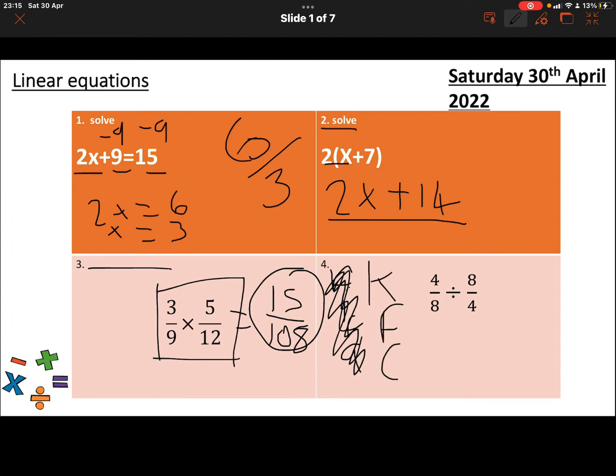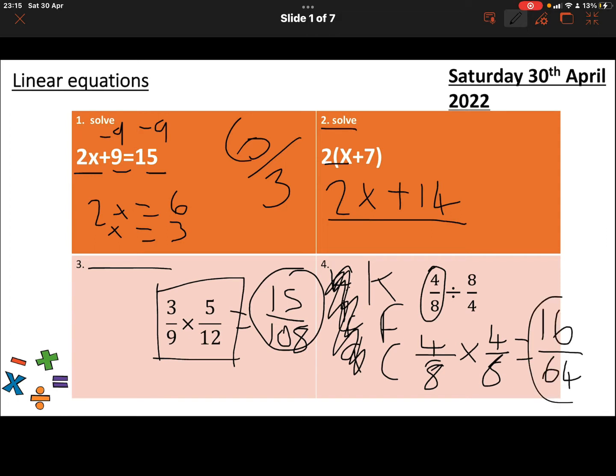That means the first one you're going to keep, the second one you're going to flip, so that'd be 4 over 8 times 4 over 8, which equals 4 times 4 equals 16, 8 times 8 equals 64, and that's just your answer. You keep the first fraction, you flip the second one, and you change the symbol. I've changed that over to an x. And that's that, really. That is yours.